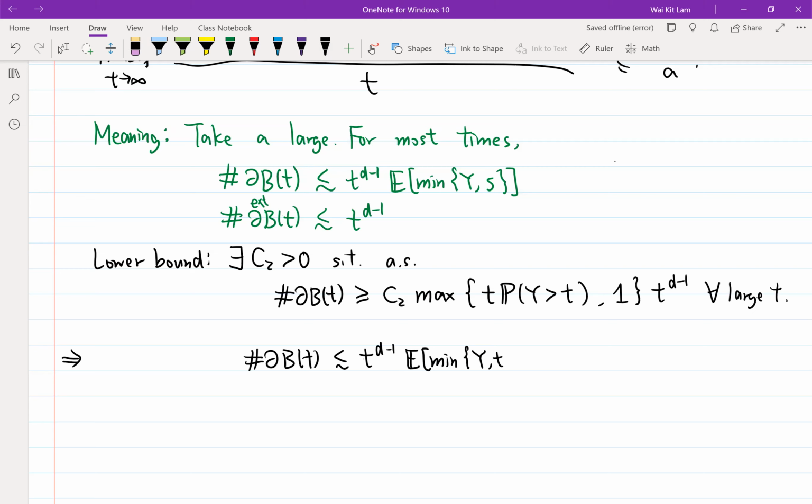This S should be t. And the lower bound will be again something times t to d minus 1, because now you have a max of 2 terms.